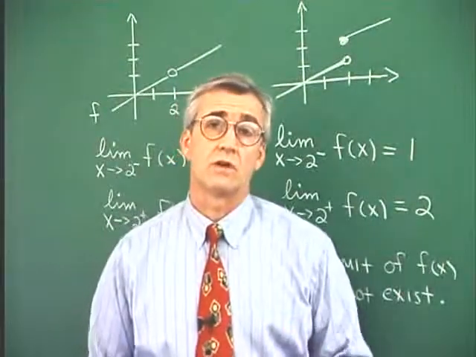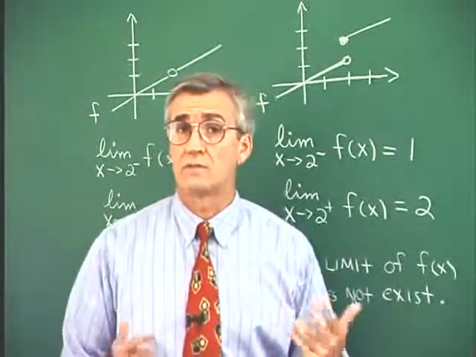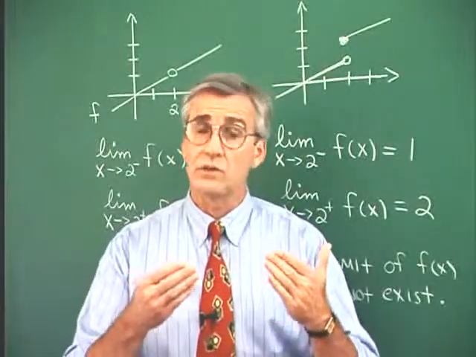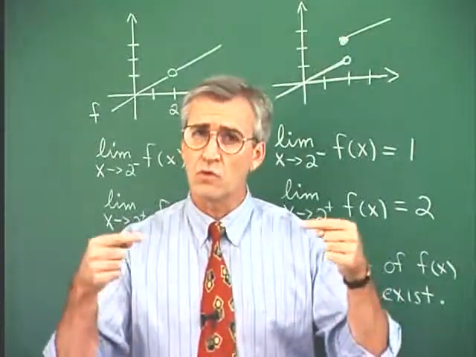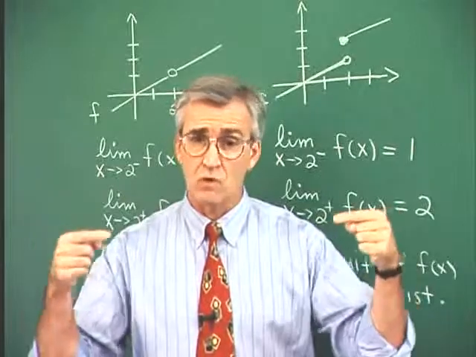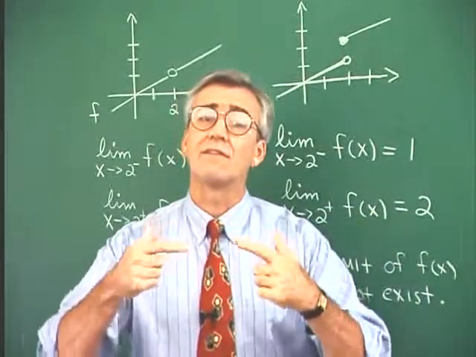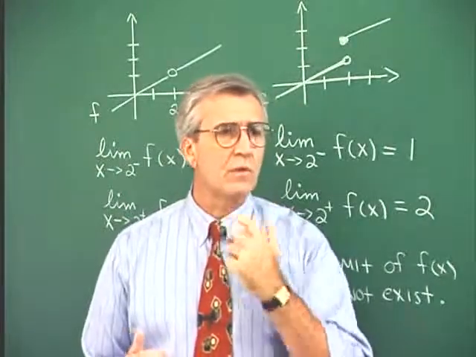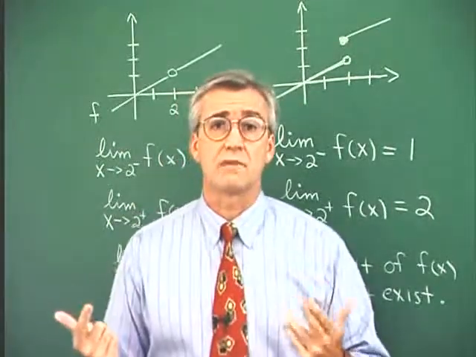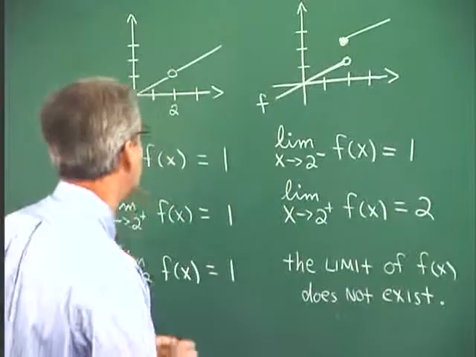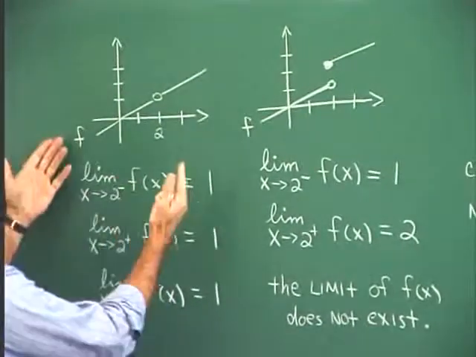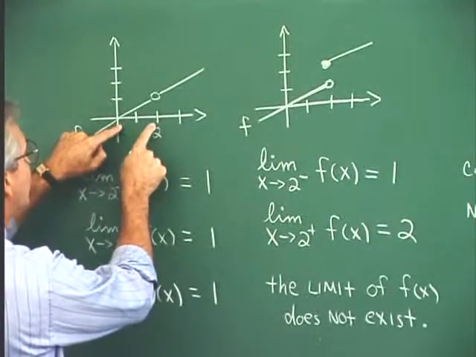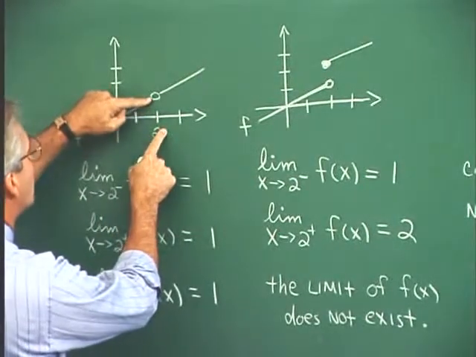When we originally talked about limits and examined the limits of functions, we were looking graphically at the situation of an approach: as x approaches some target, then f of x approaches some value. And we were thinking in terms of right and left-hand behavior, and it's important for us to understand that here, for example, if we're talking about as x approaches 2 from the left, f of x is approaching 1.